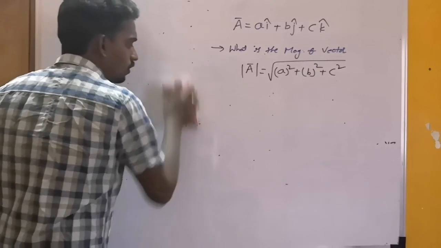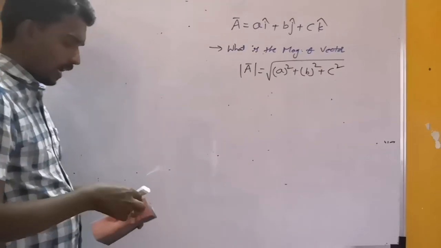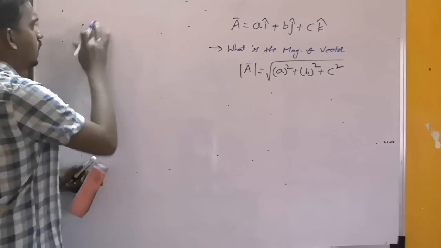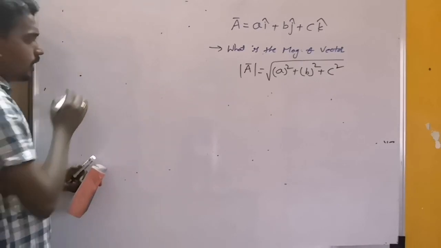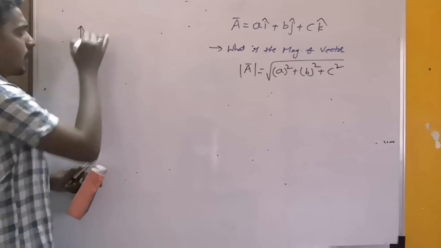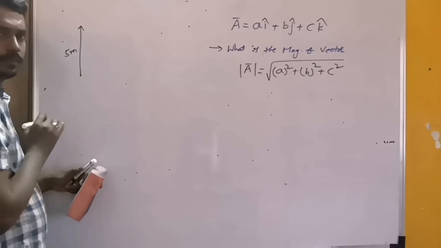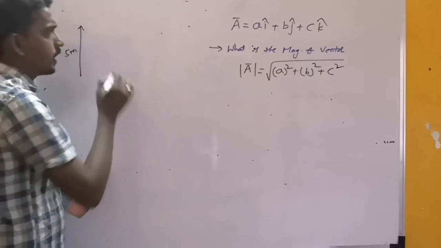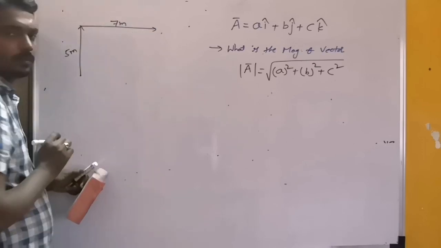Just for our understanding, I will give you one example here. See, you have solved many questions based on displacement. Like one question, let us take: a particle started at a point and moved towards north by 5 meter, then turned towards east and travelled for 12 meters.